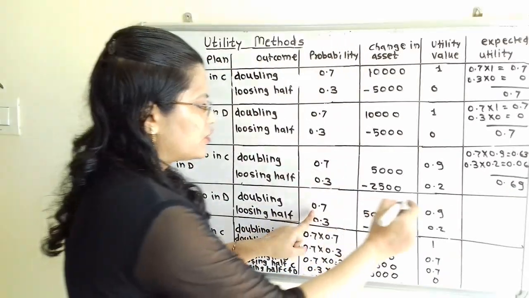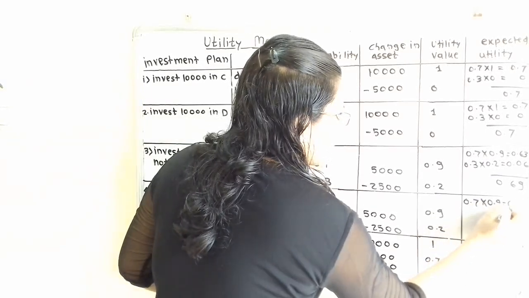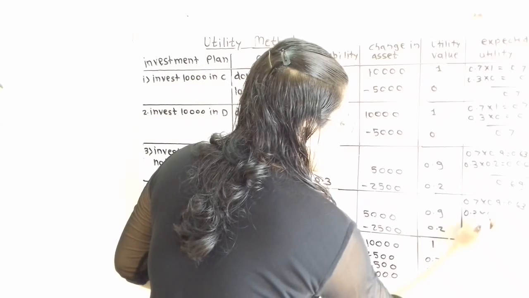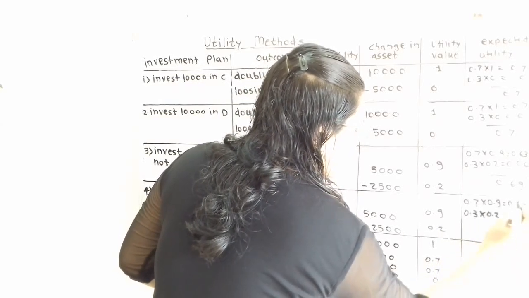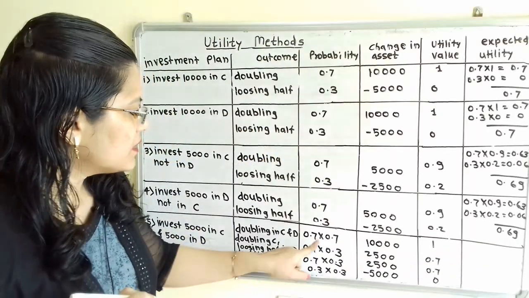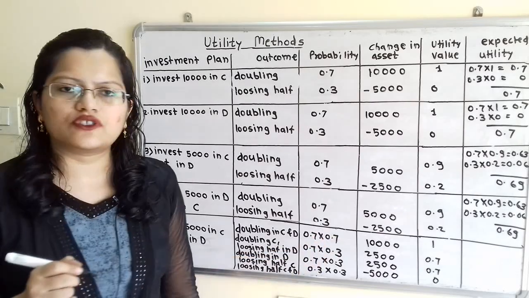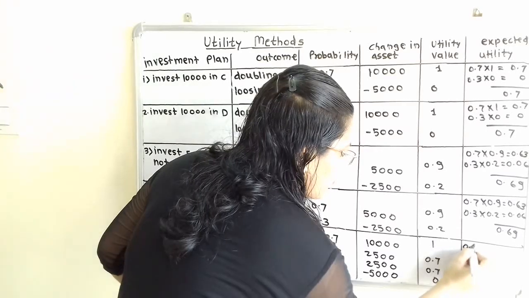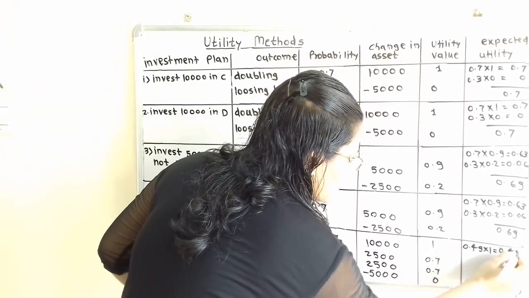Now here also 0.7 into 0.9, that is 0.63, and 0.3 into 0.2, that is 0.06. So the total will become 0.69. Now here also we will calculate. Now it is 0.7 into 0.7, that is 0.49. So 0.49 into 1, that is 0.49.